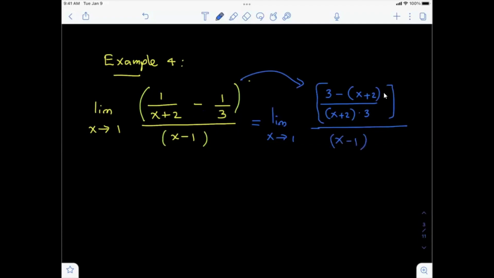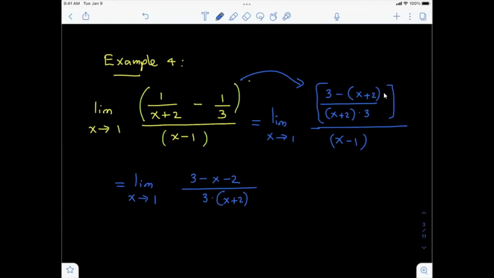Now let's simplify the top. The only simplification lies in the numerator. So let's simplify the numerator further. So you're going to get 3 minus x minus 2 divided by, let me write 3 in front, so 3 times x plus 2. In that way, I can make it neat.